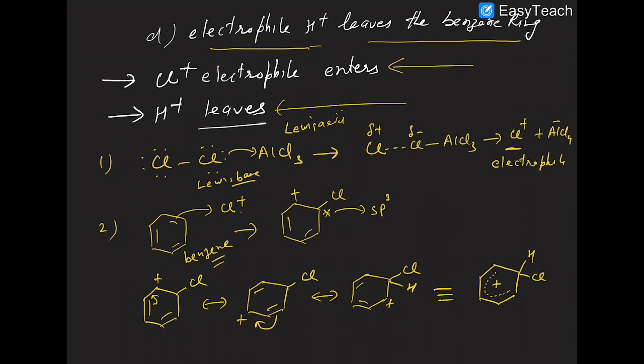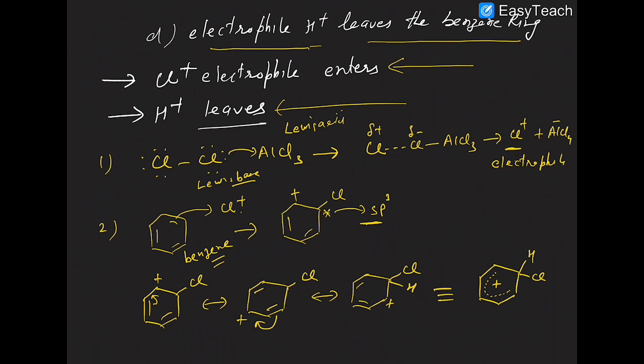So when this carbon atom becomes sp3 hybridized, it does not have any vacant p orbital or any p orbital which has pi electrons or lone pair. So it means that this carbon becomes sp3 and will no more remain in conjugation.